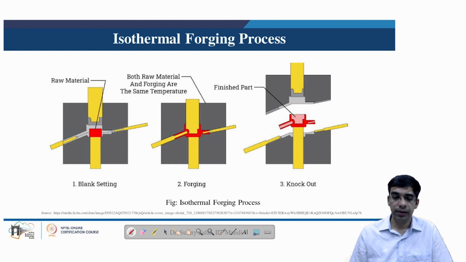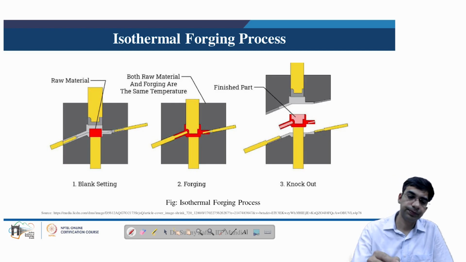The other aspects of the process remain the same, that is application of compressive forces, which enable the generation of flow stresses on the workpiece material, and this enables the workpiece to flow and fill the die cavities and shapes, and in the end the forged product takes the shape of the die.